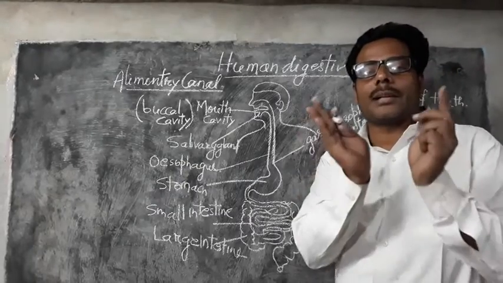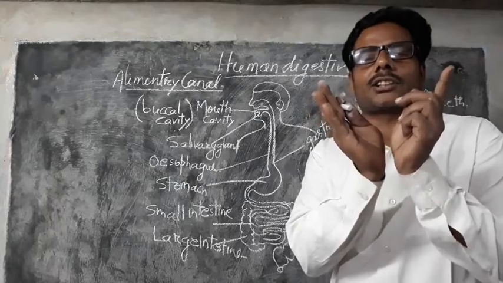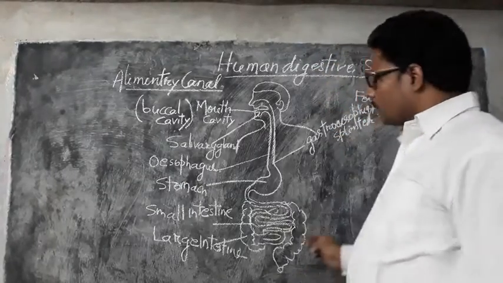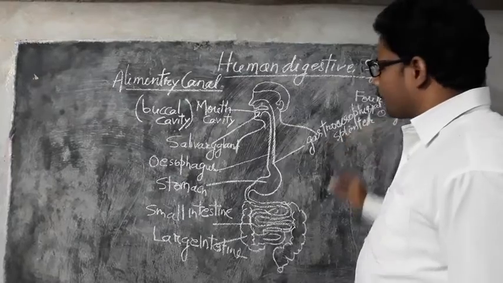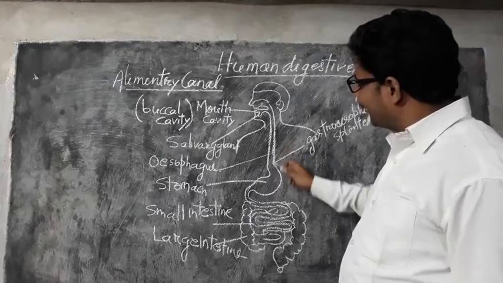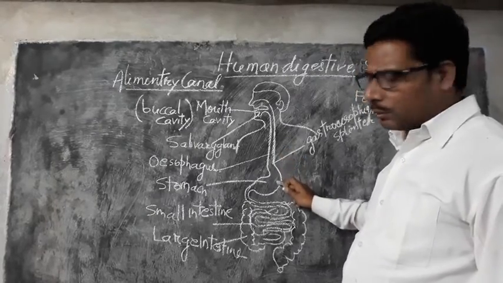Because it makes a cap-like structure so that the downward movement of food takes place. It is the junction where the esophagus and stomach join together.